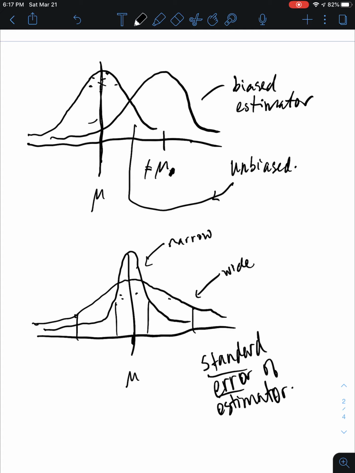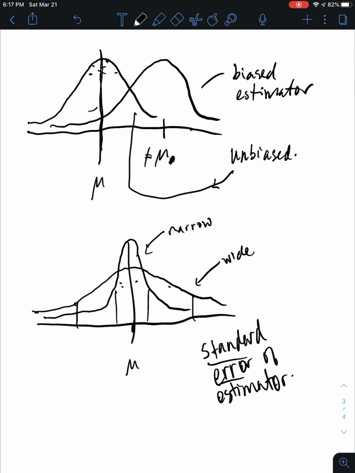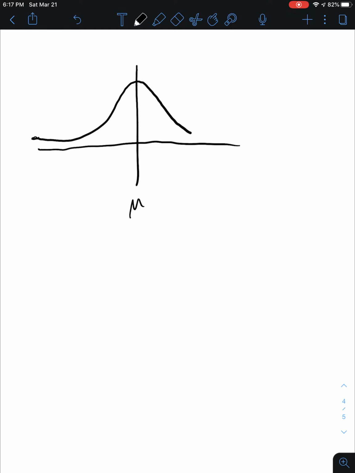So the prototypical way of communicating all of this is we have a population mean, we have an estimator, and for reasons that will become clear, the estimator is generally going to be a normal distribution.